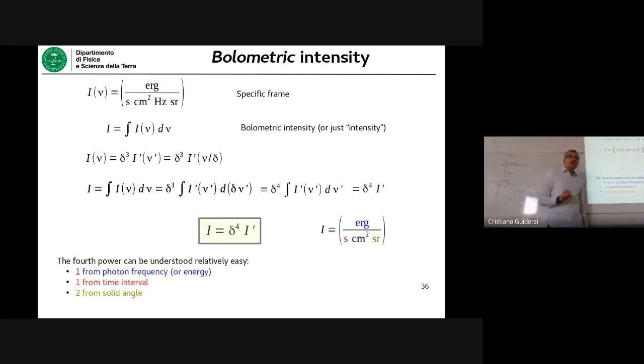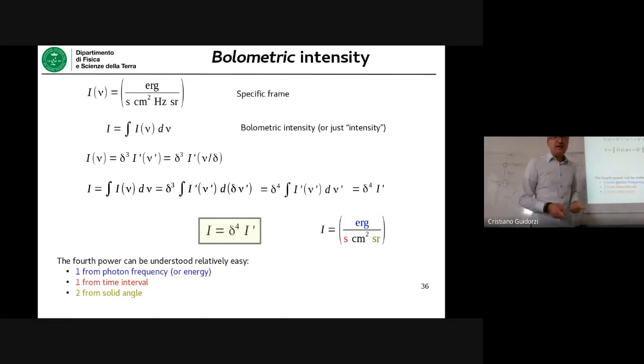It's also nice to see the budget of where all these Doppler factors come from. So you have four of them. One comes from the energy units of measure: we are talking about photons, so when you move from one frame to the other, you gain a factor of delta.